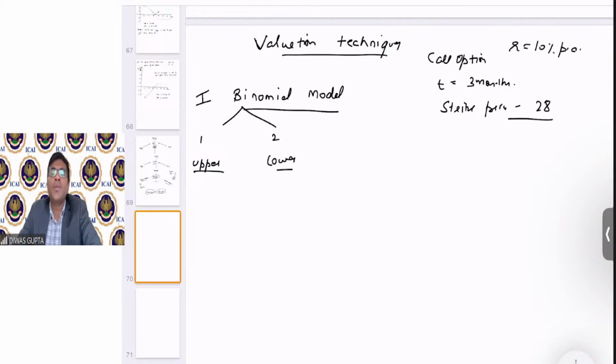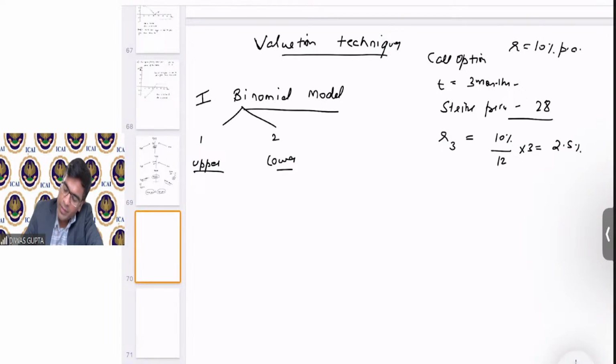So we're talking about a call option, which is having a strike price of 28, time period of 3 months, and the rate of return expected is 10%. So for our 3 months will become 10 divided by 12 into 3, which is 2.5%. Okay, students, it becomes 2.5%.